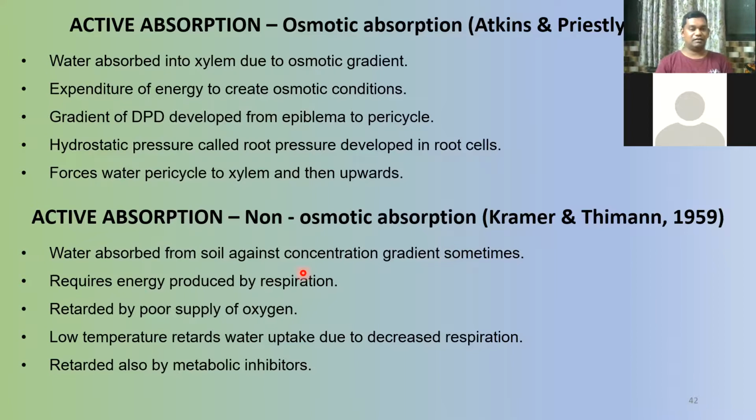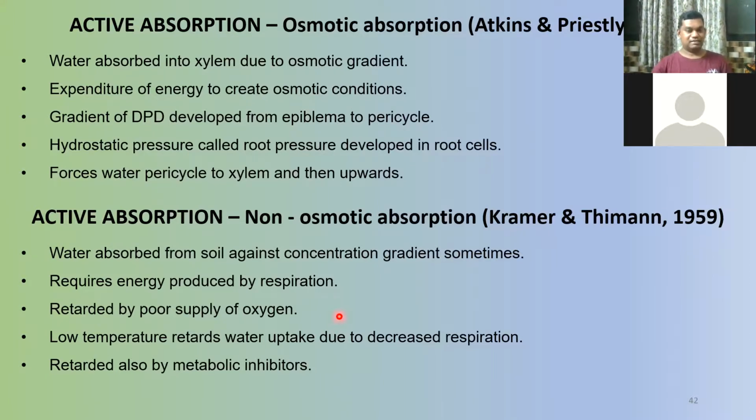That means there are certain chemicals present within the cell which can inhibit absorption. Toxic compounds can inhibit the process of absorption. So even if the temperature and oxygen are fine, if metabolic inhibitors are present, the absorption is affected.